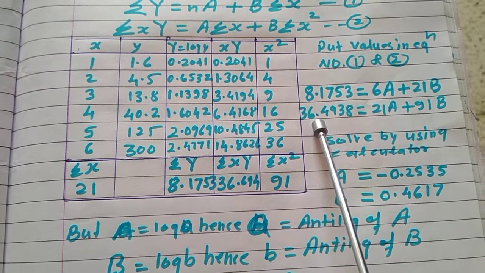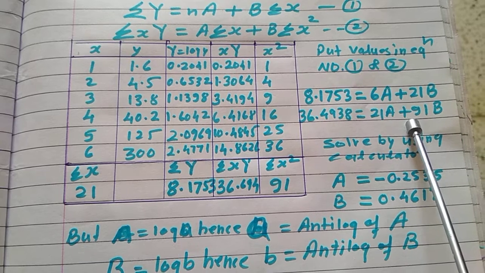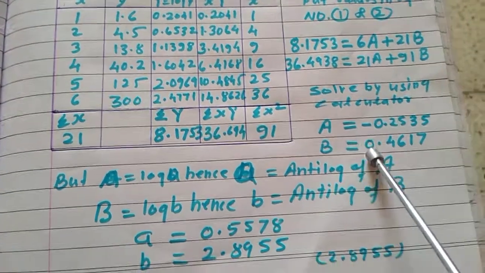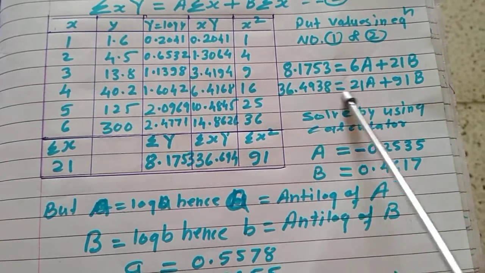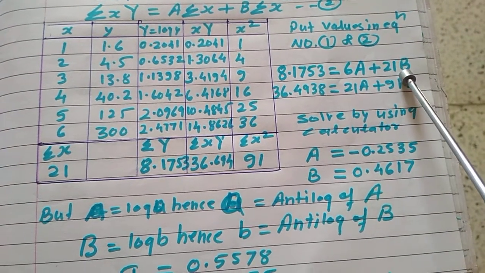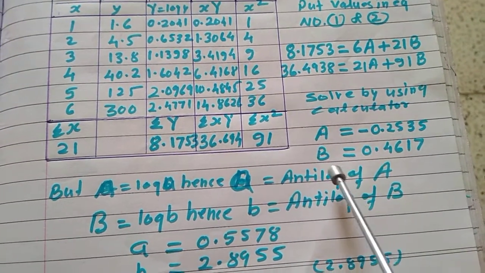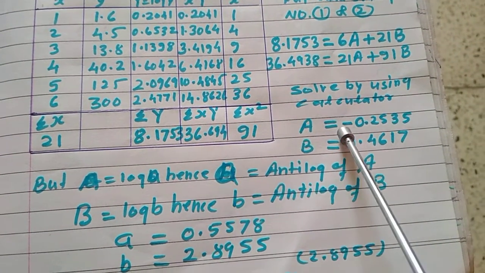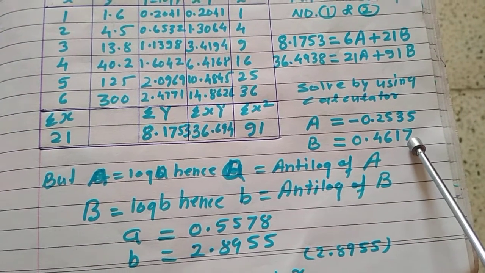Now this is summation of x into capital Y, equal to summation of x A plus x square B. Now solve by using a calculator. My unknowns are capital A and capital B. So you will get the first value of capital A and the second value of capital B. The first value is negative, and the second value is 0.4617.